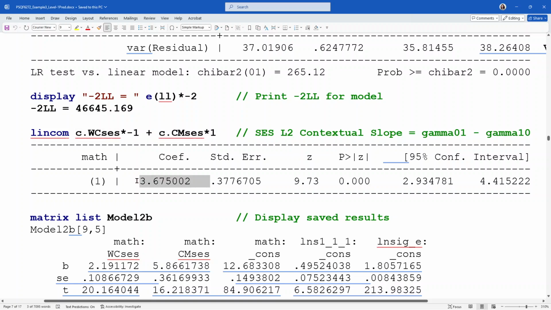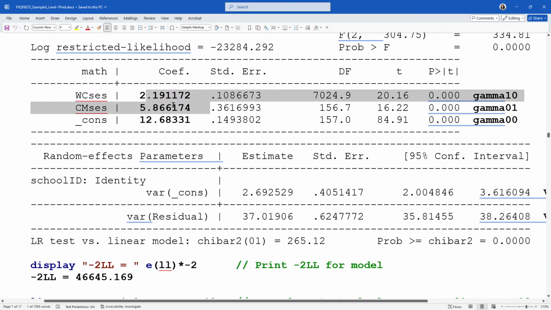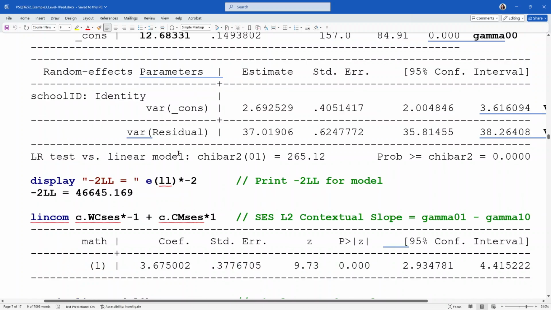And there's my 3.67. My 3.67 is significantly greater than 0, according to my p-value. So yeah, there is a contextual effect. That means that these two numbers are not the same. That means it does matter what school you go to with respect to your SES, even after you control for your SES.